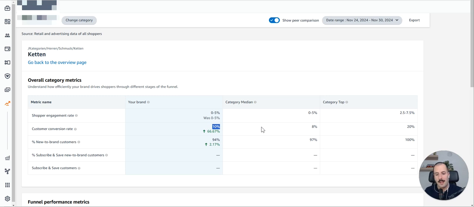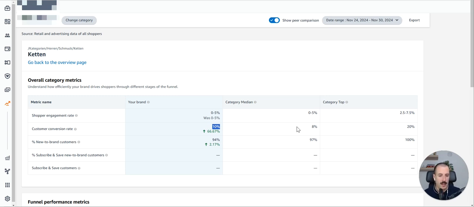You may think your conversion rate is solid, that you have standard results over a period of months or years, but here you can see meaningful data: if you're doing better than the category median or category top, where are you positioned? And if you're the same as the category median, that still tells you there's more improvement to be made to move towards the category top.